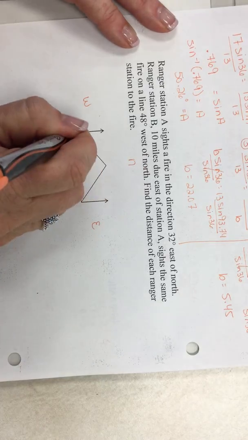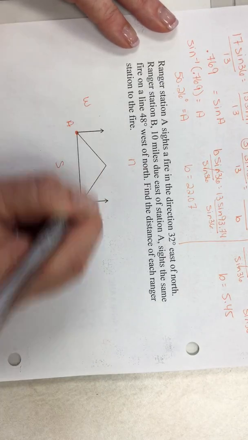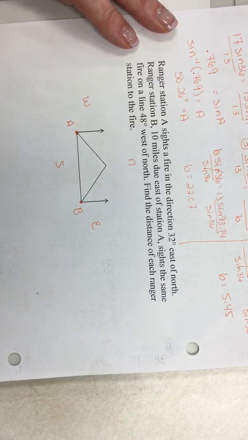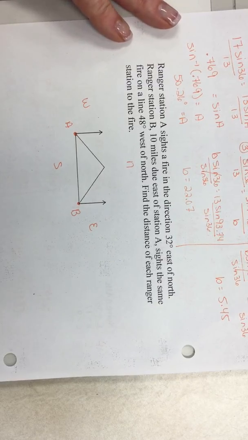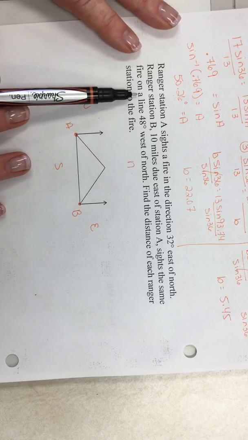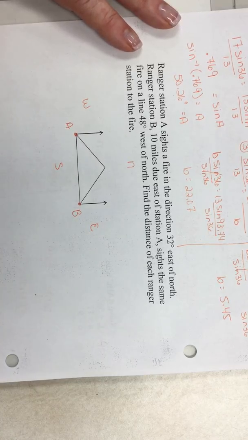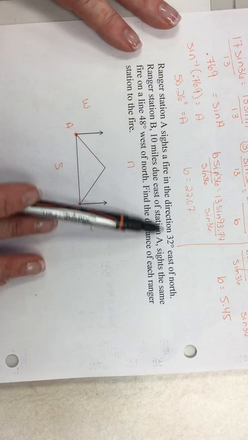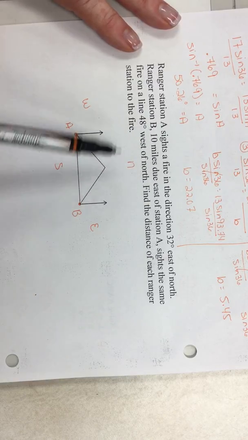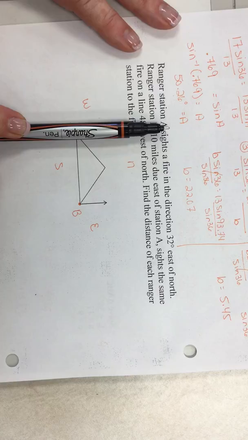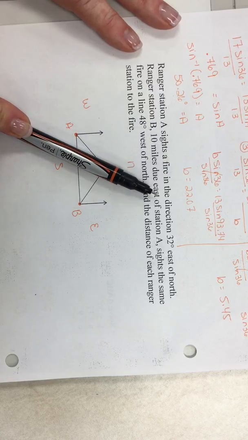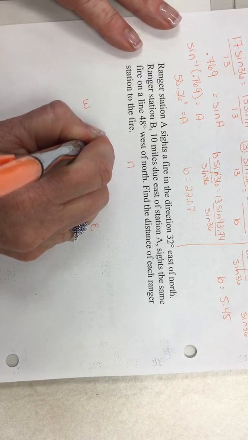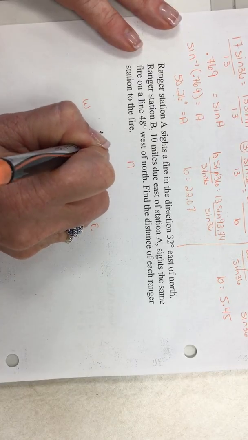Well, recognizing that this represents Station A and this represents Station B, let's put in anything that I do know. Ranger Station A sights a fire in the direction of 32 degrees east of north. This is north. I want to go east of north. So this is 32 degrees.